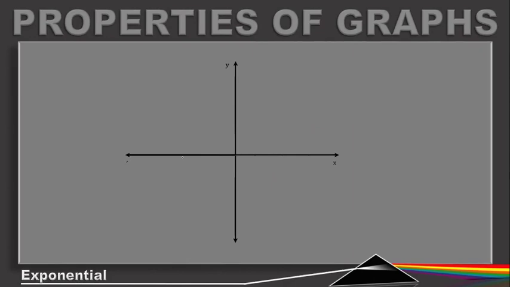And then for the exponential, in its most basic form, it looks like this. It goes from the left-hand side up to the right-hand side, increasing. If we reflect this line in the y-axis, it looks like this, and therefore the x will change to a negative x. This will be the standard form for the line that increases to the left.